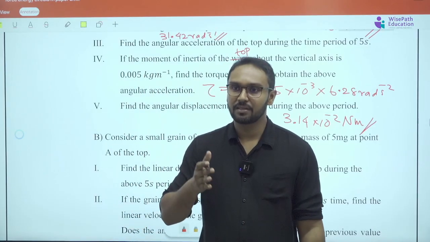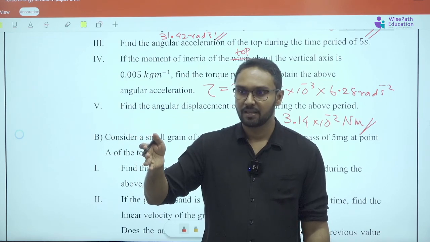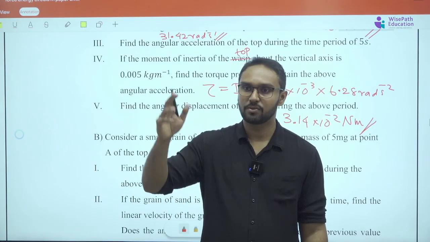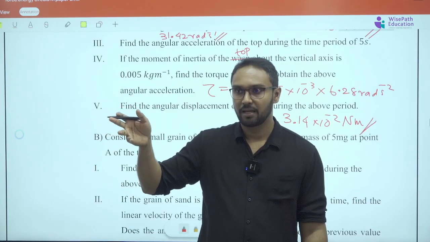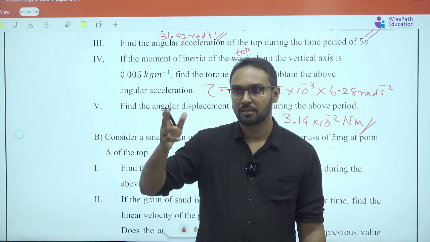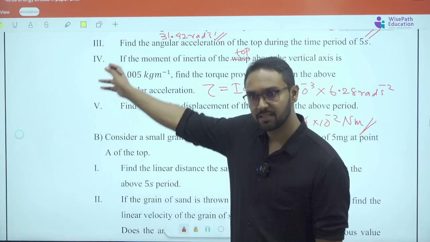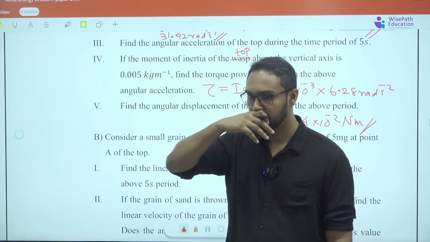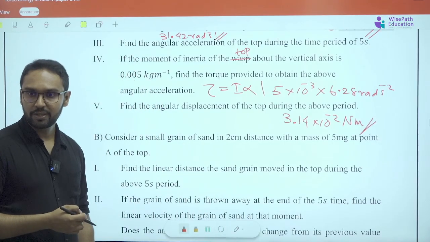There were specific equations of motion to find the angular displacement, like omega t squared equals omega naught squared plus 2 alpha theta, and what else? There are three formulas. Remember we talked about linear equations to find displacement? The circular ones are the same, we can use them. What did we take first in linear? u plus v over 2 into t.